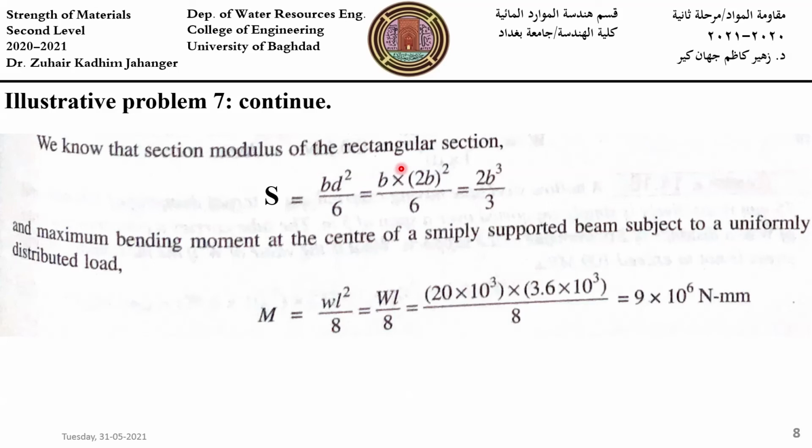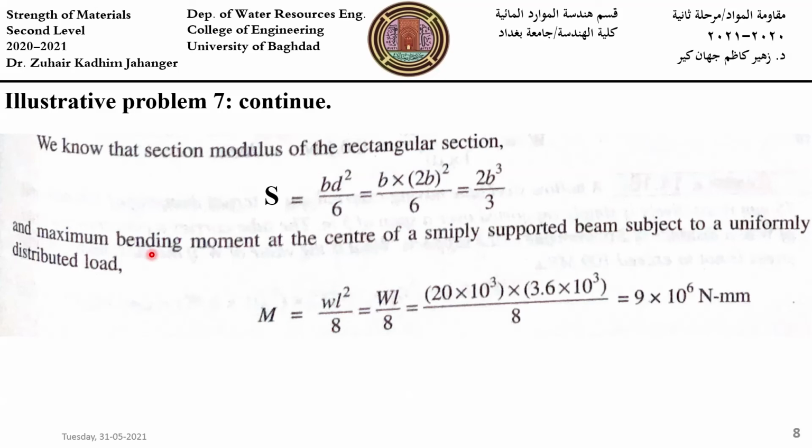We know that section modulus of the rectangular section S equals bd square over 6, equals b times 2b square over 6, as given that the depth is twice the width. So S equals 2b cubed over 3.